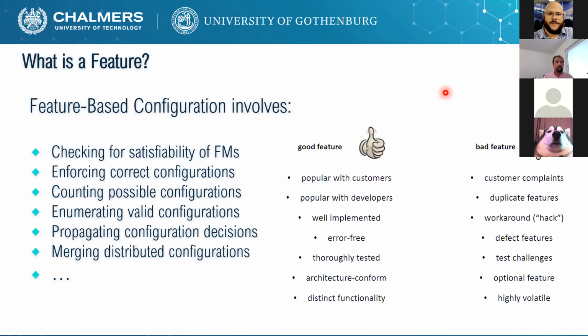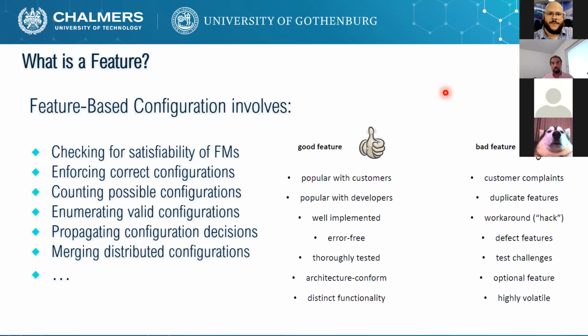You need to get the buy-in from outside and inside. They have to be well implemented, not on the iffy side. You have to make sure they are error-free and thoroughly tested.